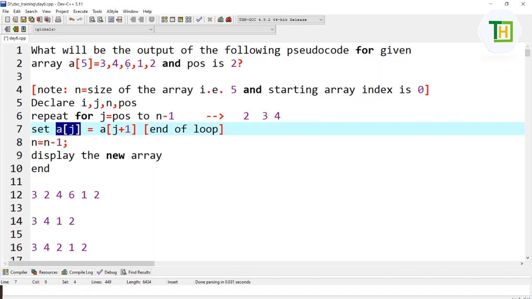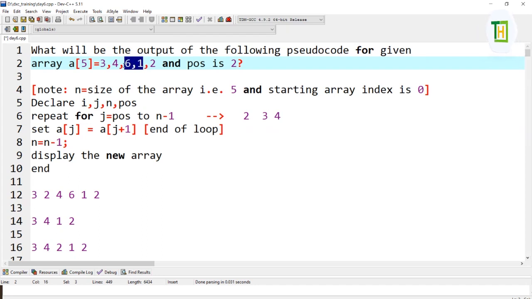That indicates this is going to be replaced with this value. That means now 1, 1, 2. And for the next value, J is incremented. Now it is going to be 2 and 2 here. And finally, the last one is going to be replaced with some garbage value here.